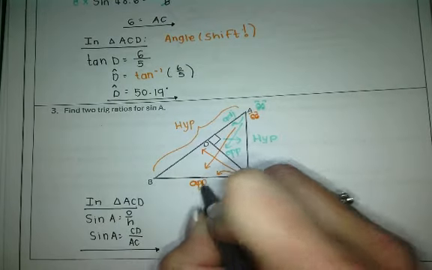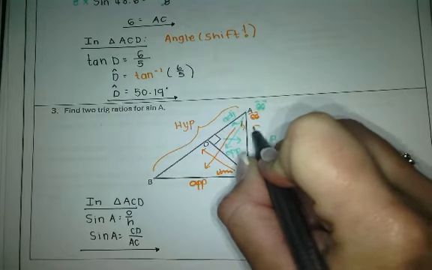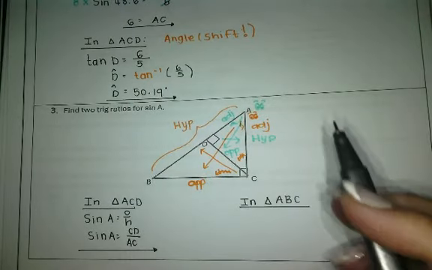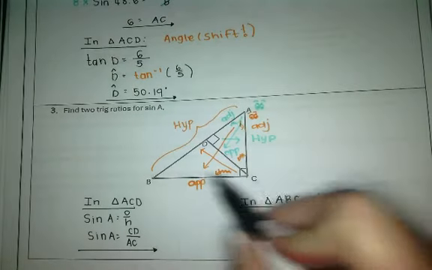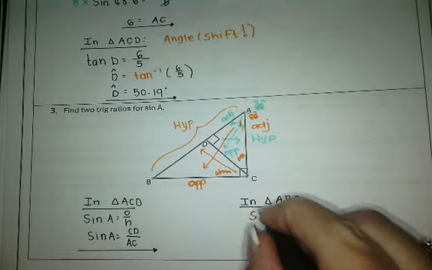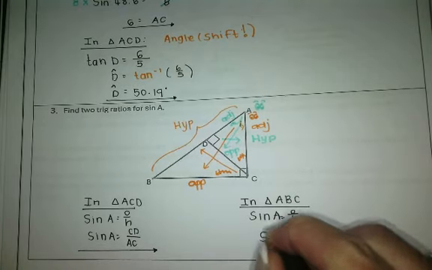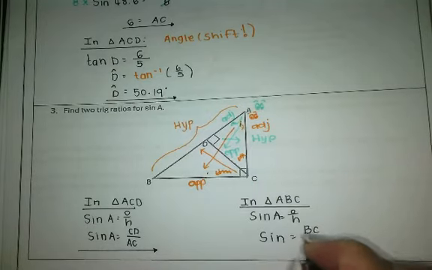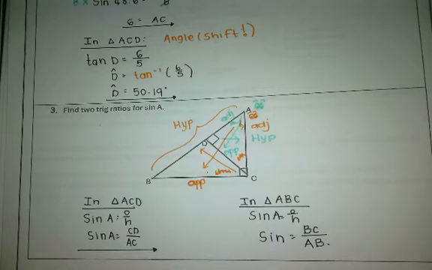So this side is going to be my opposite, and this side is going to be my adjacent. I'm not looking at the whole triangle. Yes, this big triangle ABC. So sin A again is opposite over hypotenuse, but in this triangle, what is my opposite side? BC. And what is my hypotenuse? AB.